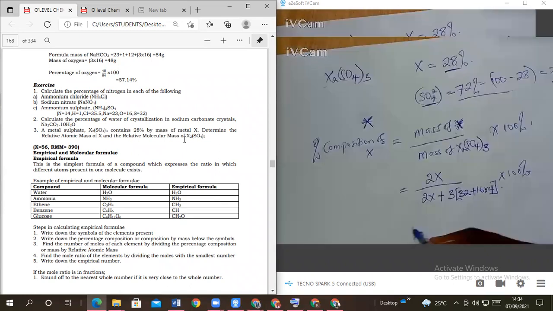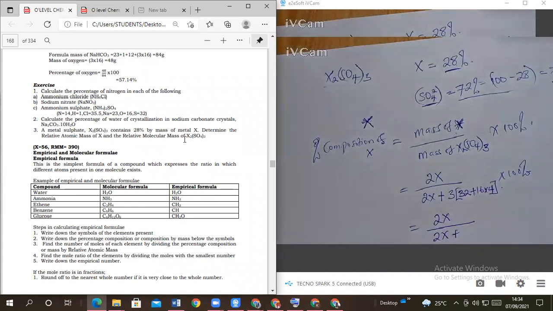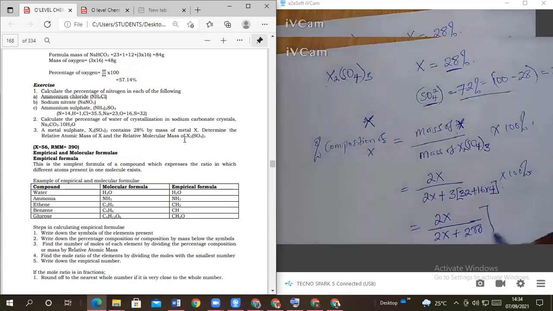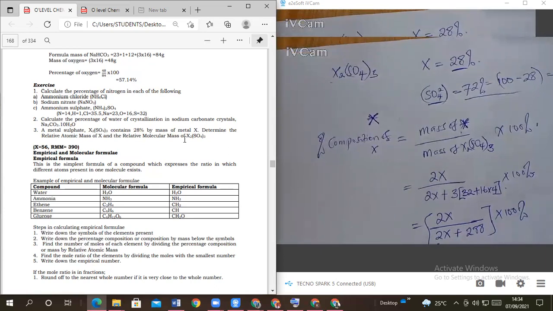So here we shall have our equation that has X in it, which is 2X out of 2X plus what? Somebody get for me that one. This is 64 plus 32 times 3, which is 288, times 100%.